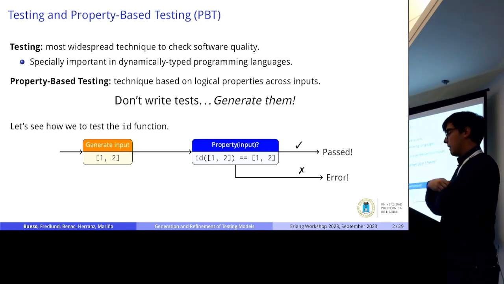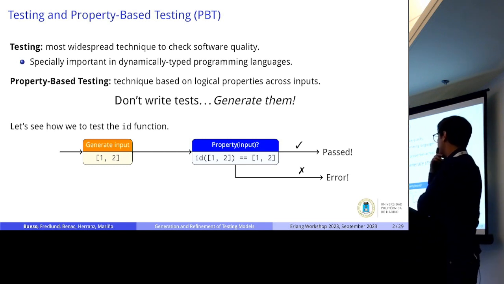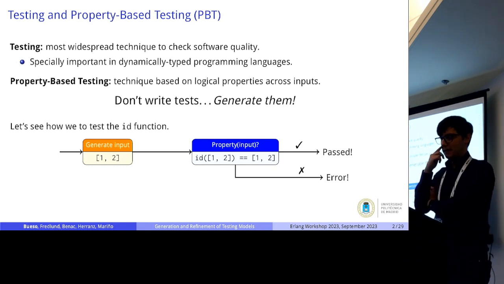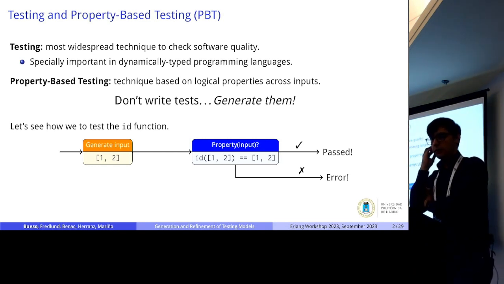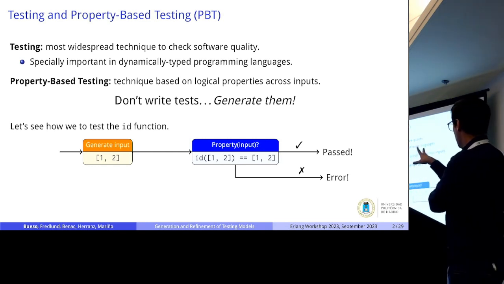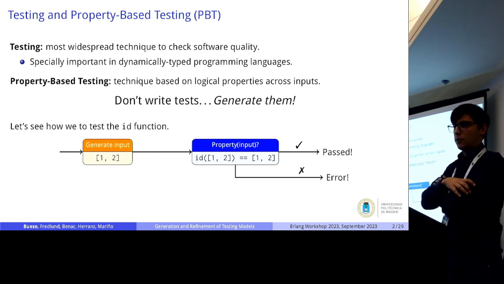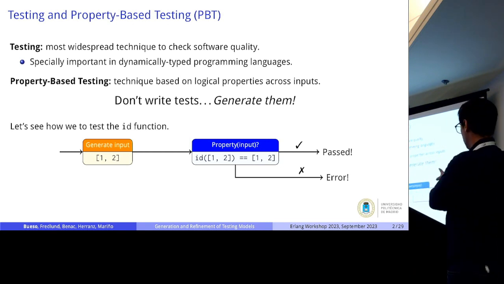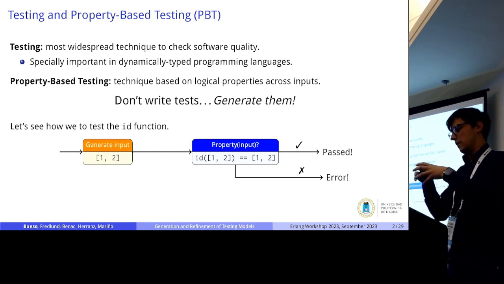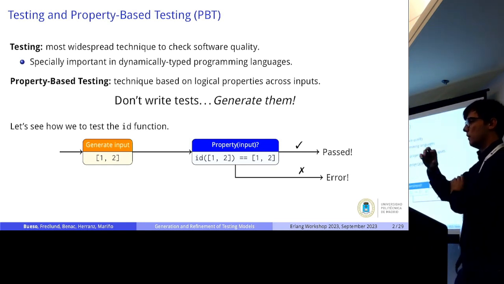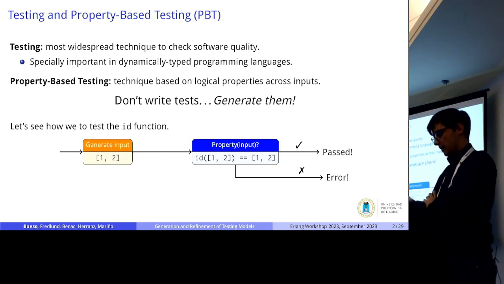So this is an example of how property-based testing works. For example, if we want to test the identity function, we would generate random inputs, and we will check some property, in this case, that after applying the identity function, we get the same result.